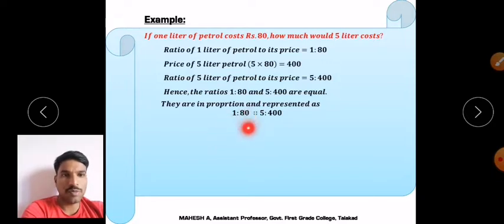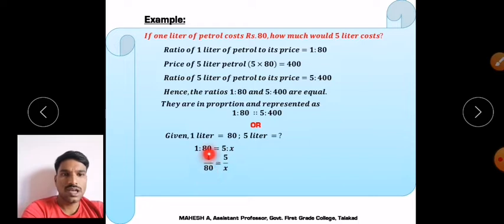If 1 liter costs 80 rupees, how much will 5 liters cost? It will be 400 rupees. So symbolically you can express it as: given that 1 liter costs 80 rupees, 1 liter of petrol is equal to 80, and 5 liters is equal to what? It is considered as X. Whatever you are finding, you take it as X, so that 1:80 is equal to 5:X.